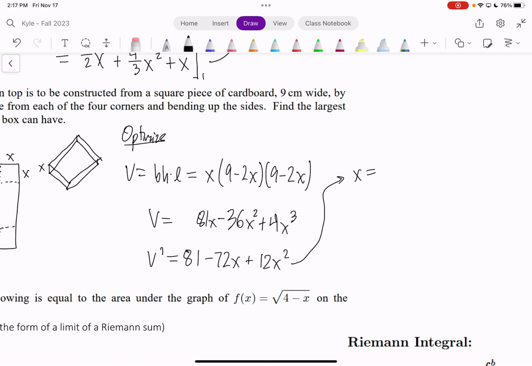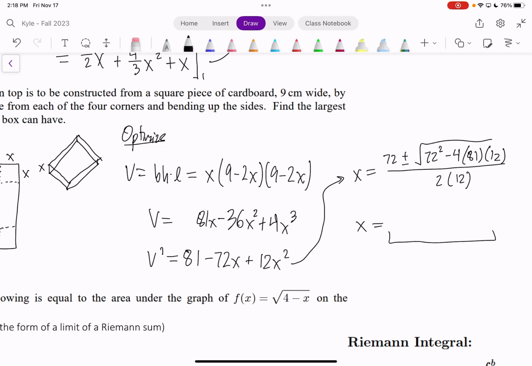So we get 72 plus or minus the square root of 72 squared minus 4 times 81 times 12, all over 2 times 12. We'll get some positive value for x, and then all you need to do is sub that back into V of x, our original formula, and that'll give us the maximum volume we can have.